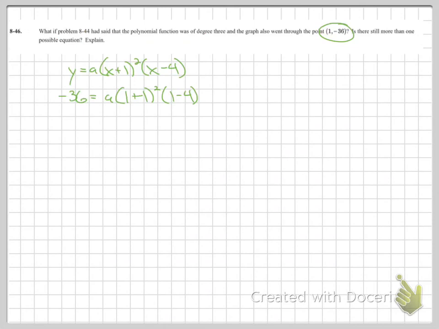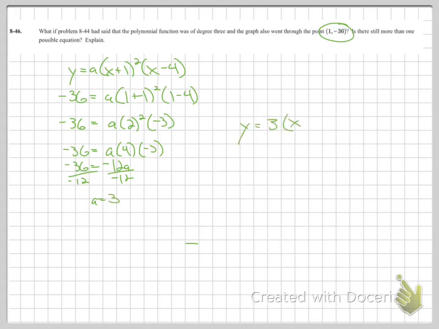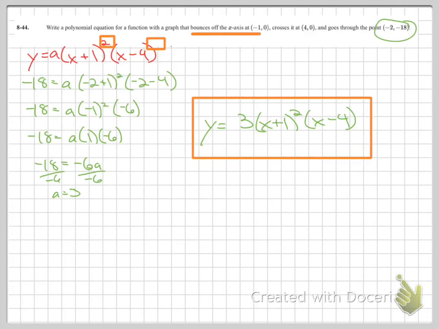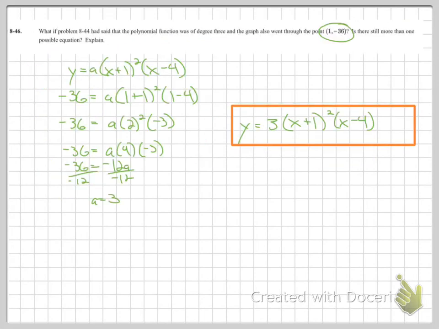Plus 1 minus 4. Okay. And then solve for a. A ends up equaling 3 in this case, which I believe is what we had originally. Yep. So with a little more information and specifically knowing the degree, we know we did it right.